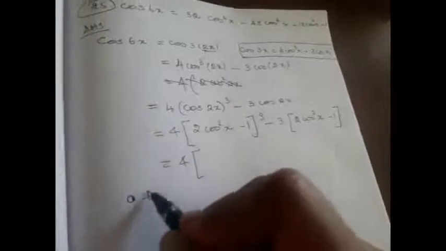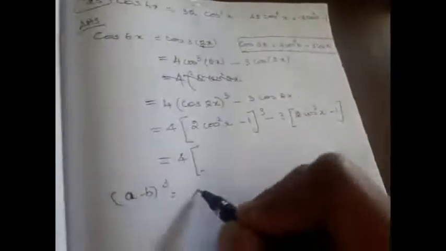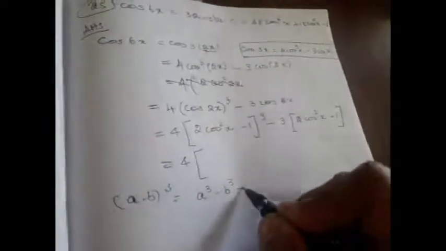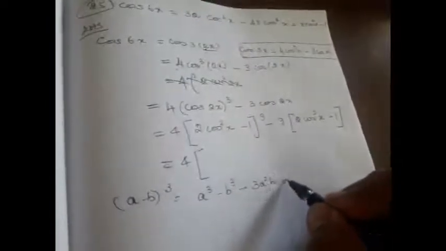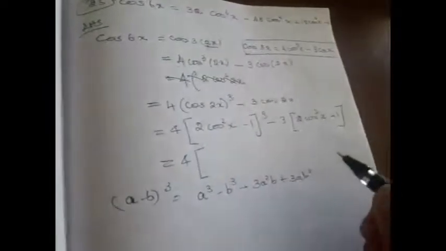A minus b the whole cube is equal to a cube minus b cube minus 3a square b plus 3a b square, right?